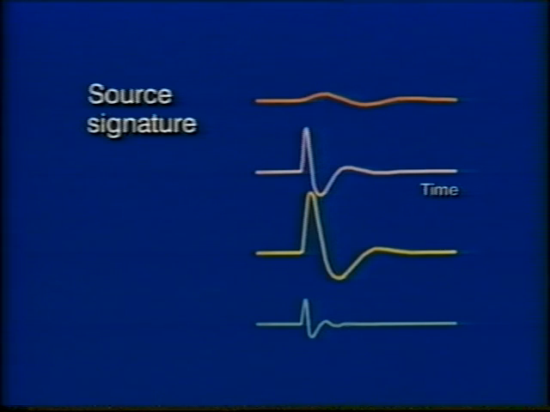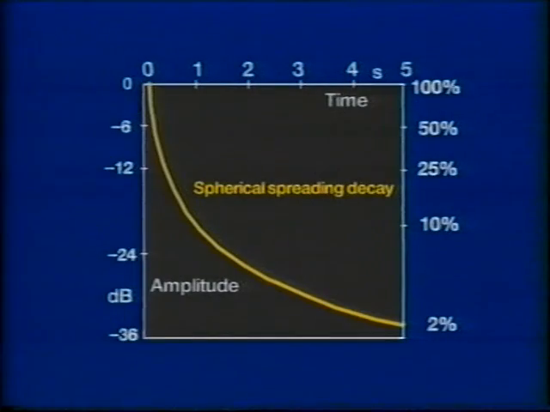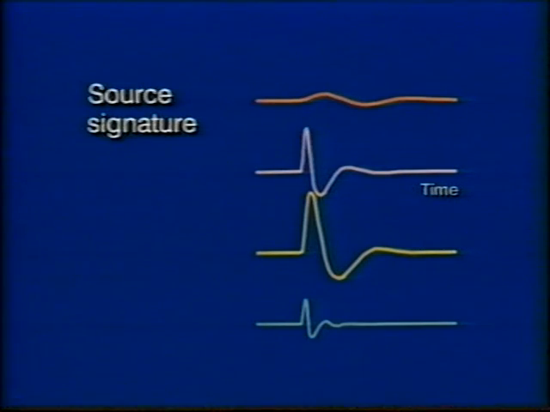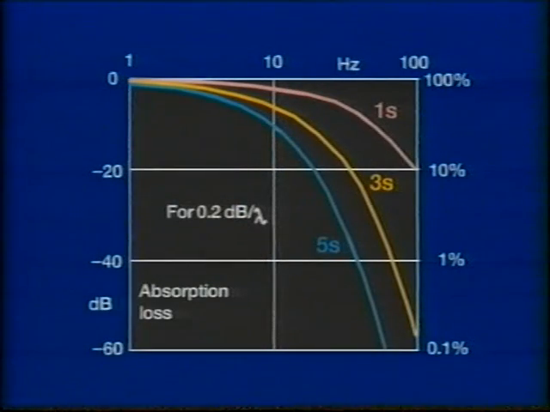The amplitude of the pulse we observe at distance, therefore, depends on the placement and size of the charge, and on the decay imposed by spherical spreading. The shape of the pulse we observe at distance depends again on the placement and size of the charge, and on the high-cut filter imposed by absorption.